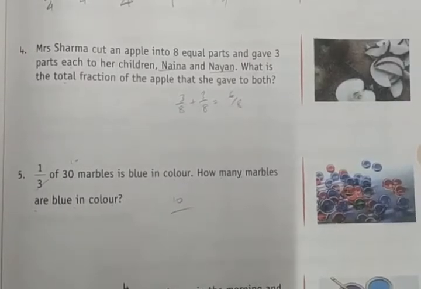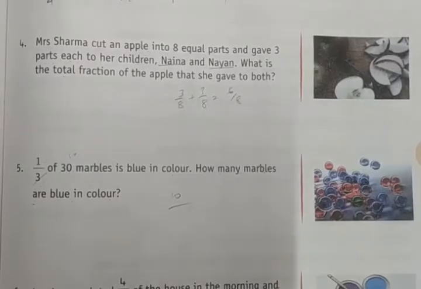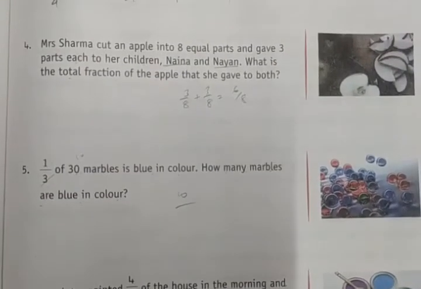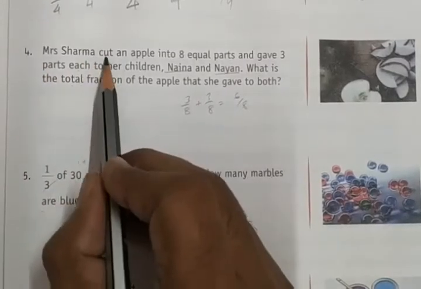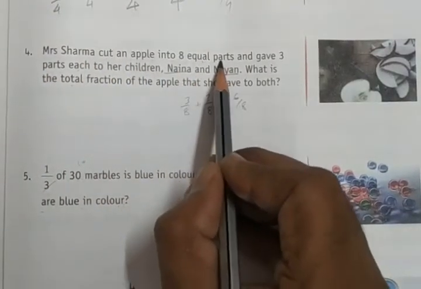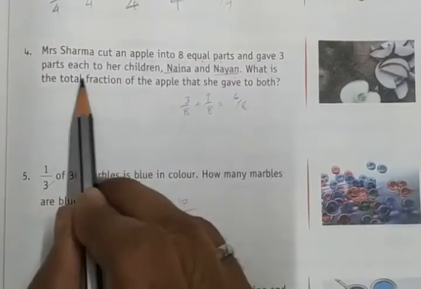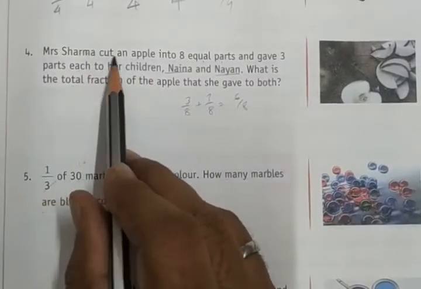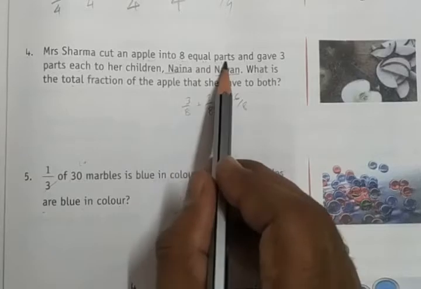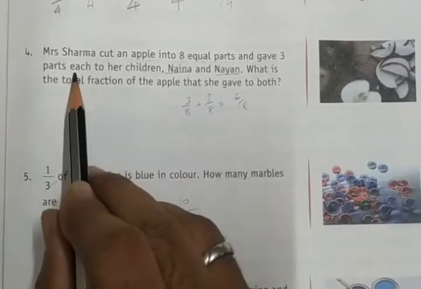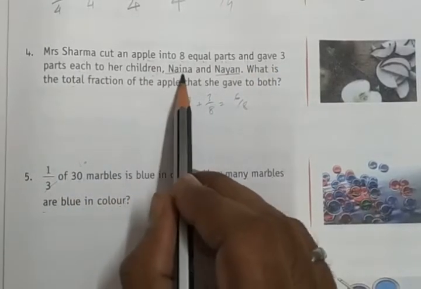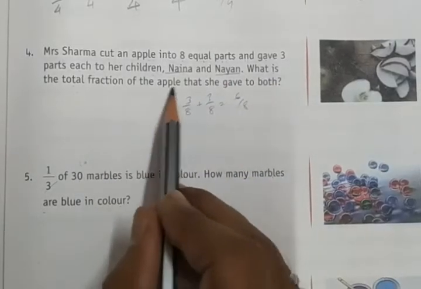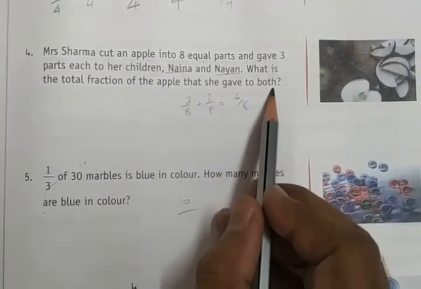Okay, so next, Mrs. Sharma cut an apple into 8 equal parts and gave 3 parts each to her children, Naina and Nayan. What is the total fraction of the apple that she gave to both?